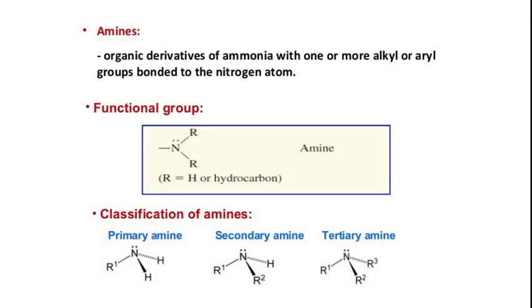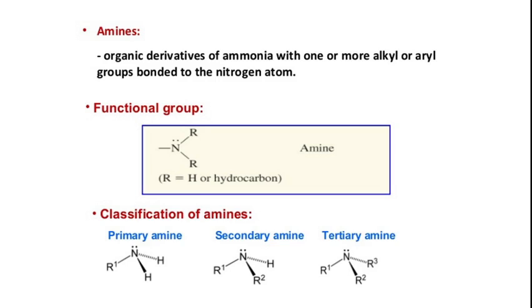These amines are derivatives of ammonia. What is the formula for ammonia? NH3. By replacing hydrogens of ammonia with alkyl or aryl groups, we get amines.